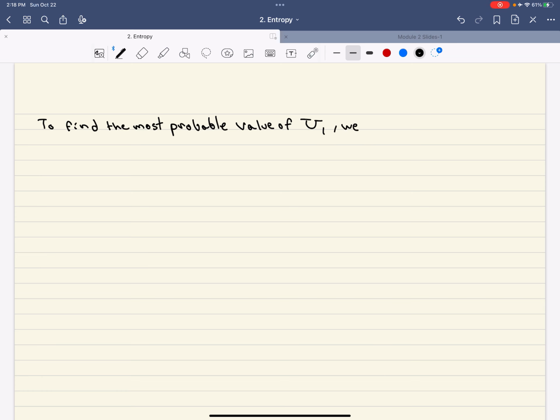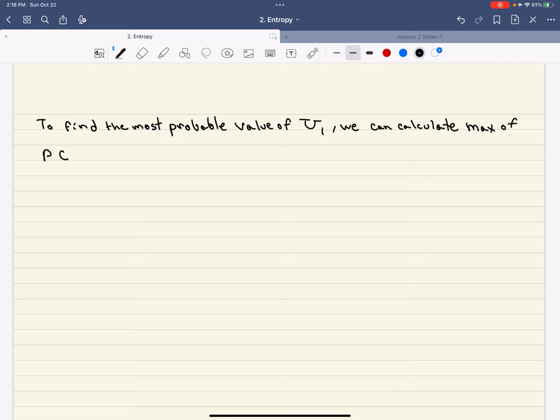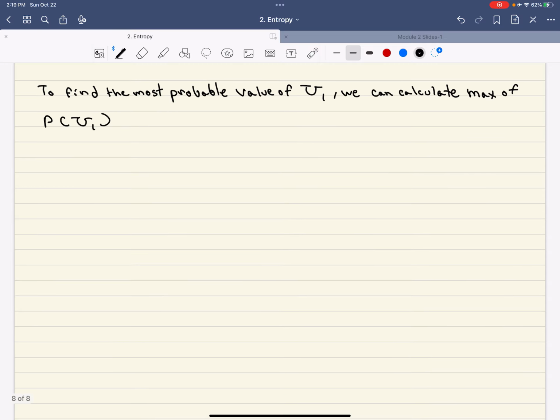So we can calculate the max of P(U1). Okay?